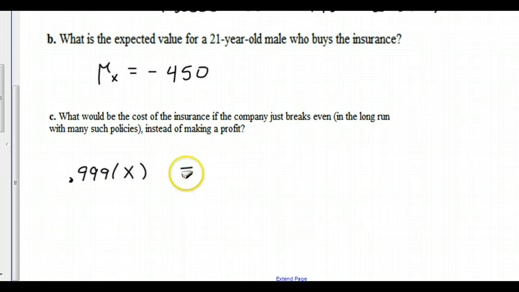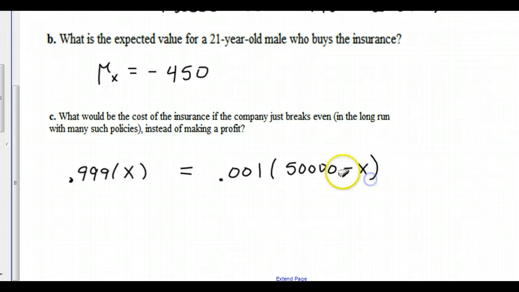If that's equal to the probability that he dies, so $50,000 minus X is what he gains if he dies. This is the probability he dies. Probability he lives. What happens if he lives? This is the amount lost. So that happens if these two things are equal.